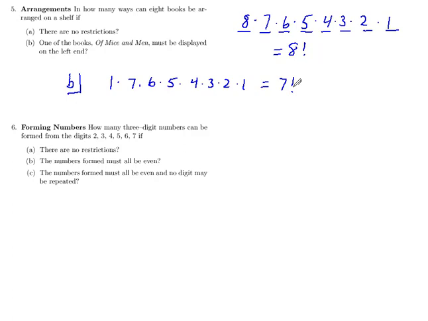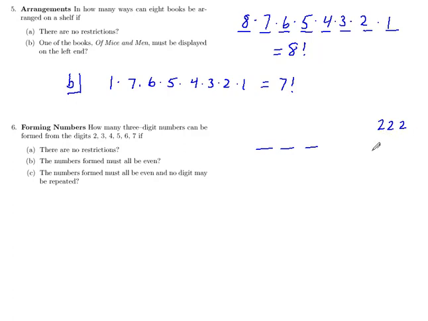Question 6. How many 3-digit numbers can be formed using the digits 2, 3, 4, 5, 6, and 7? Well, first of all, it says no restrictions. We have a 3-digit number. Now, before we start filling things in, we need to think about what is a valid 3-digit number. So what does no restrictions mean? Notice that 222 is a valid 3-digit number, and the digit 2 got used repeatedly.